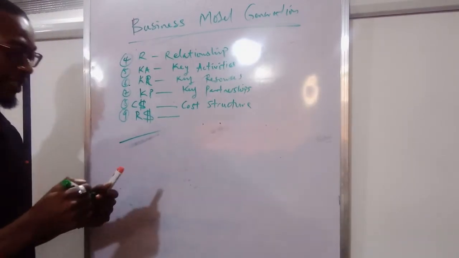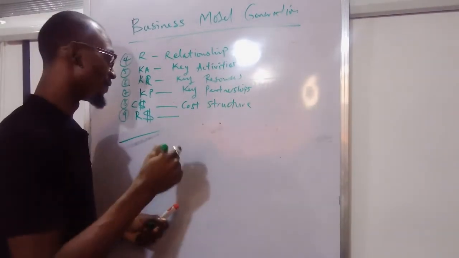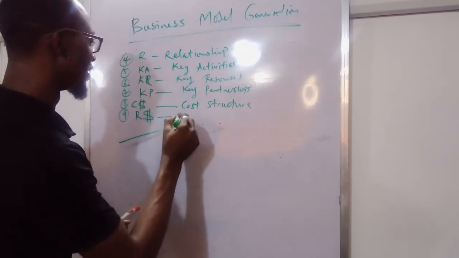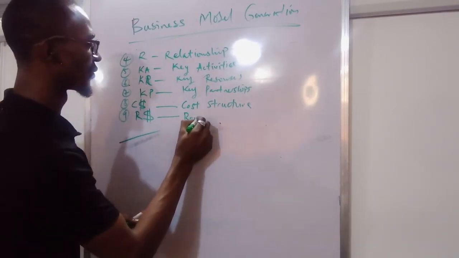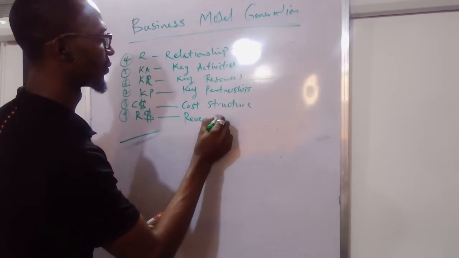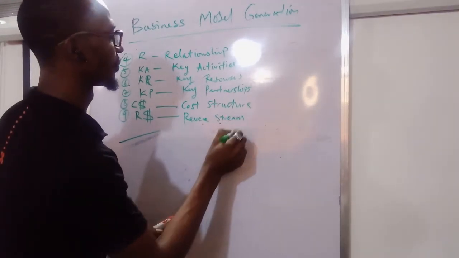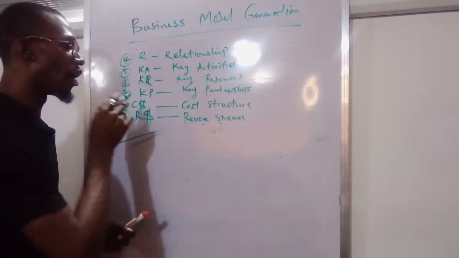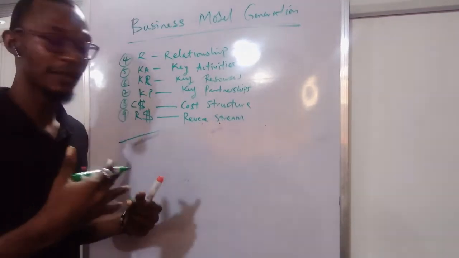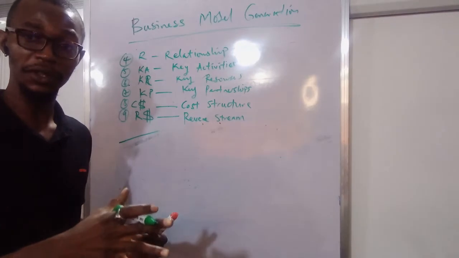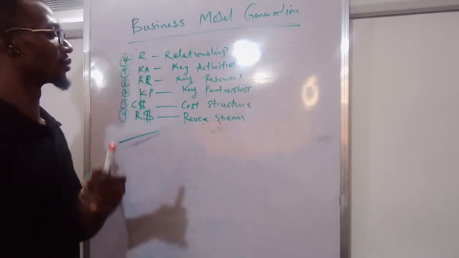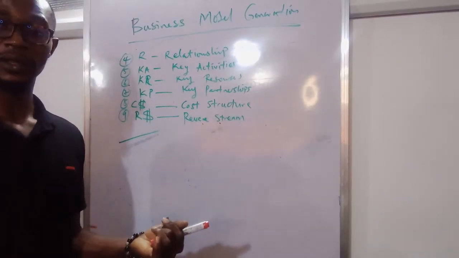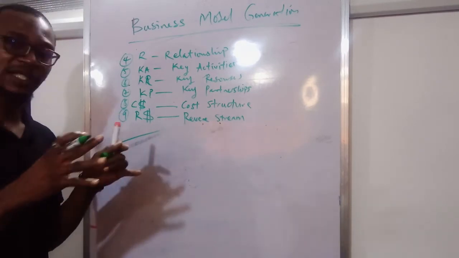The last but not the least, which is the most interesting aspect, is the revenue stream. How is money coming in from all that we've done? Taking the instance of the food, there are some specific terms you need to note.